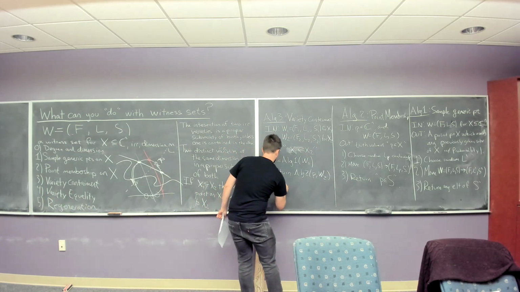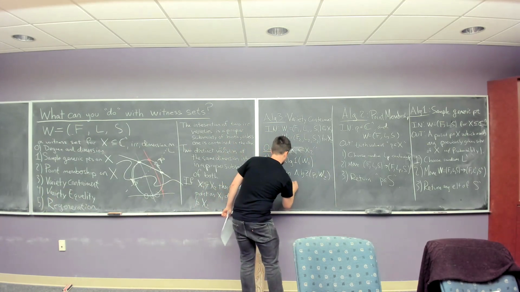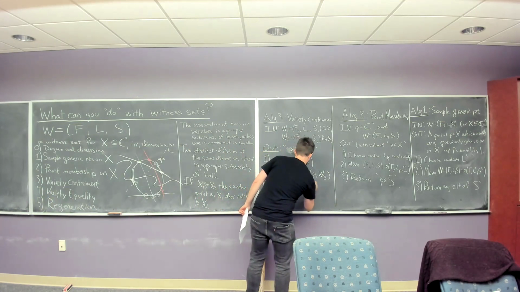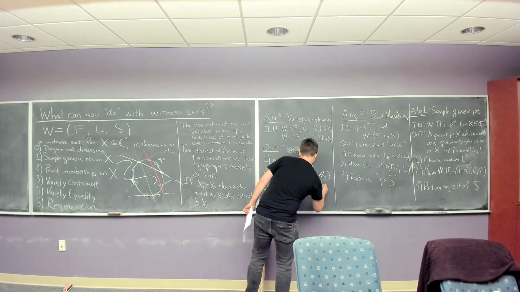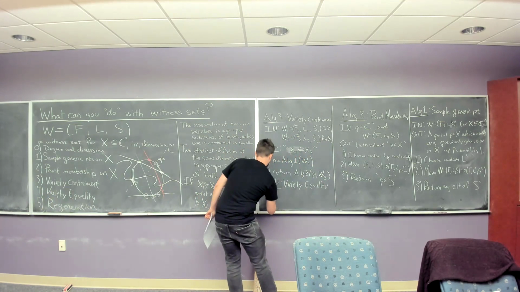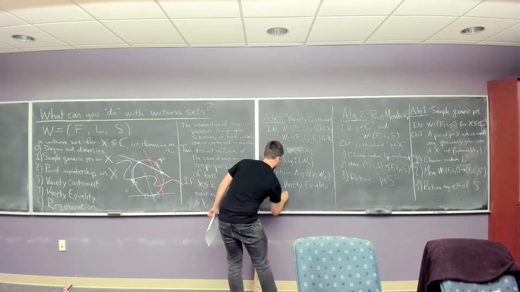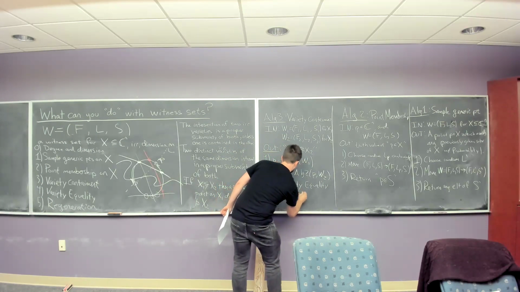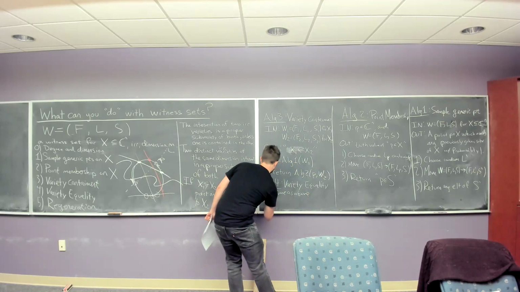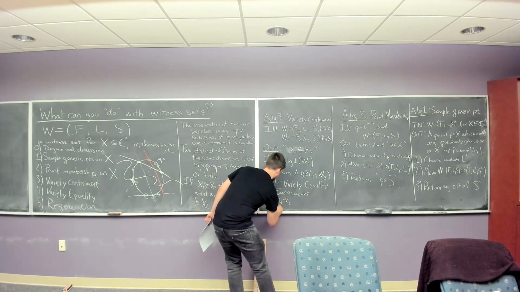Finally, algorithm 4. The input is the same as above. The output is whether X1 equals X2. And it's one step.